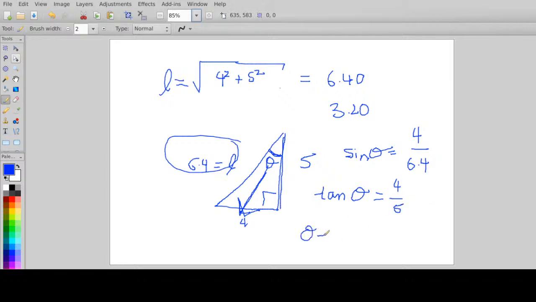So theta equals the inverse tangent of 4 divided by 5, which looks like 38.7. Remember that angle, 38.7.